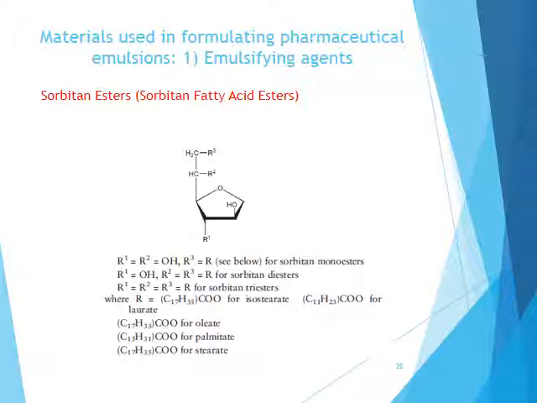Spans are surfactant emulsifying agents normally used for making water in oil emulsions. This type works for promoting the emulsification of water in oil emulsions. So that's some information about the spans.